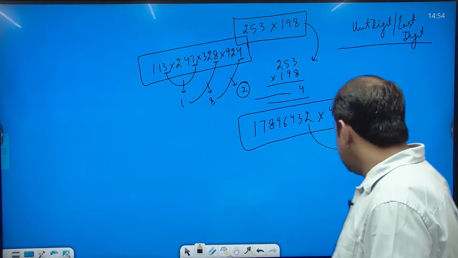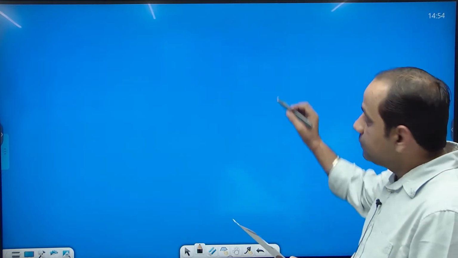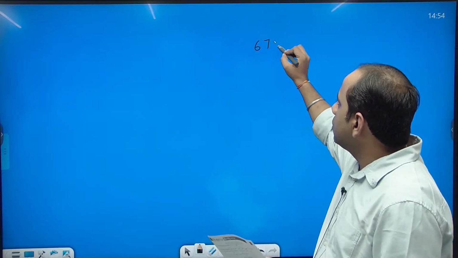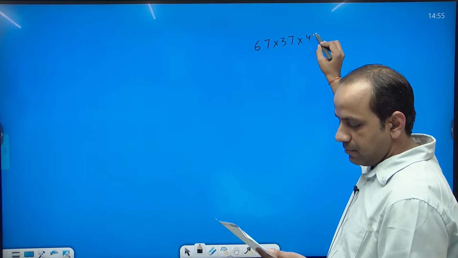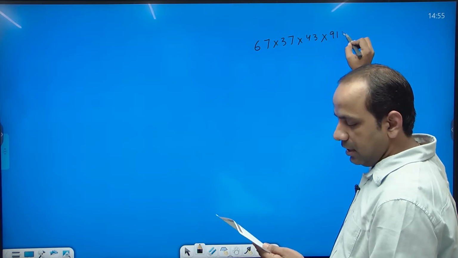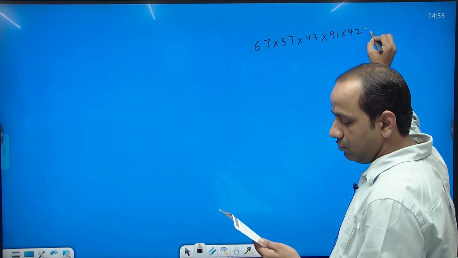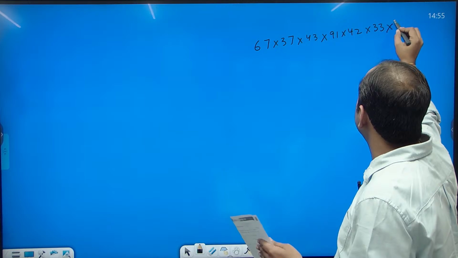We are interested in calculating the unit digit of 43 into 91 into 42 into 33 into 42.